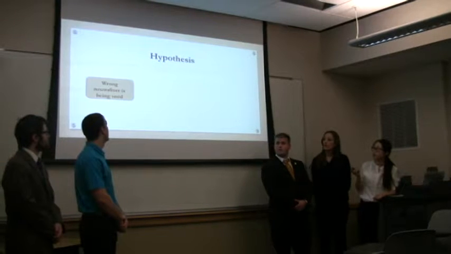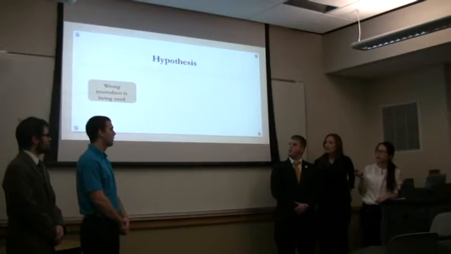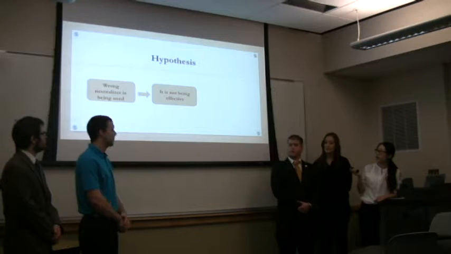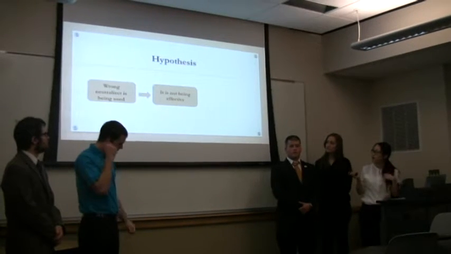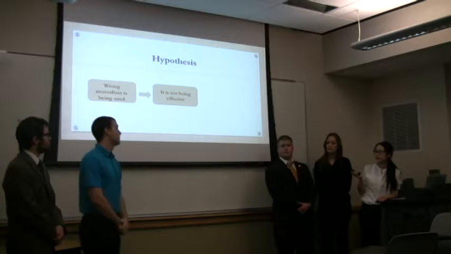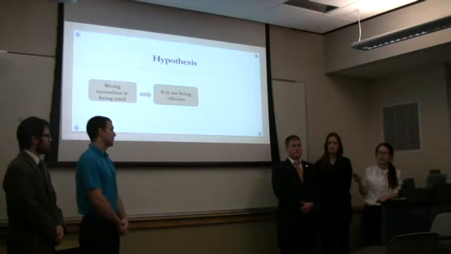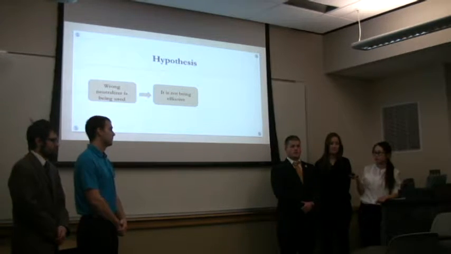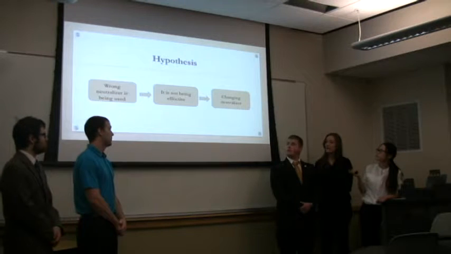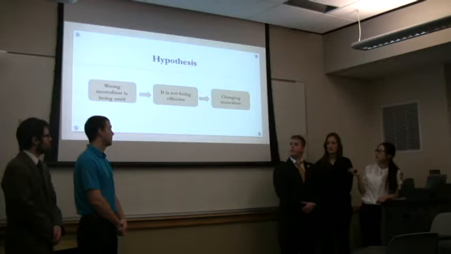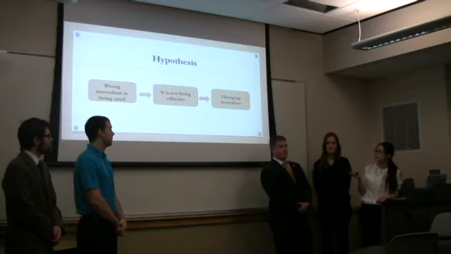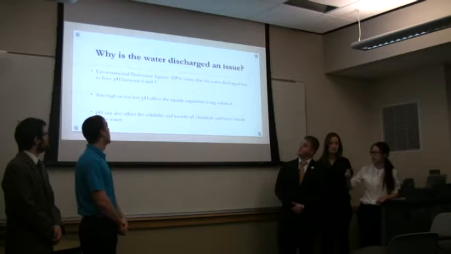And then we assume the wrong neutralizer is being used in both systems. That would cause inefficiency of the neutralizer, which means you will need to add more neutralizer in this process, and based on that, we probably need to change the neutralizer. And then next is Alex.